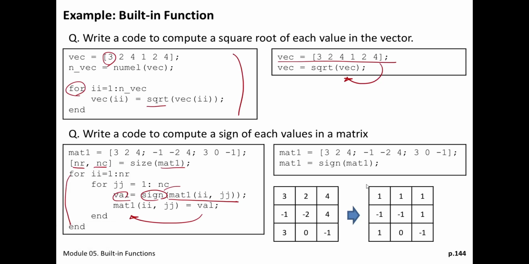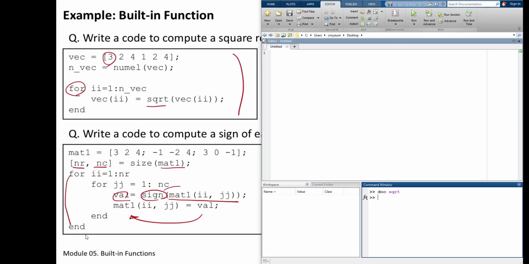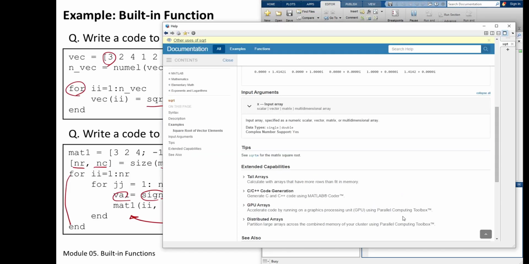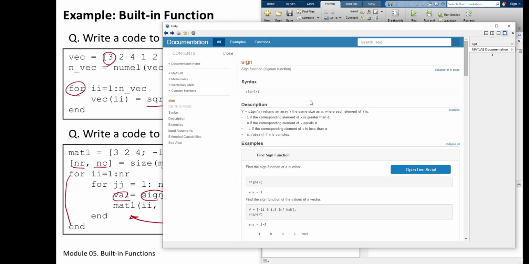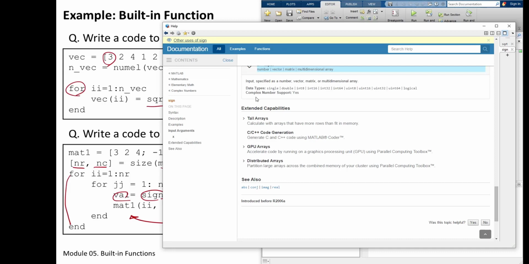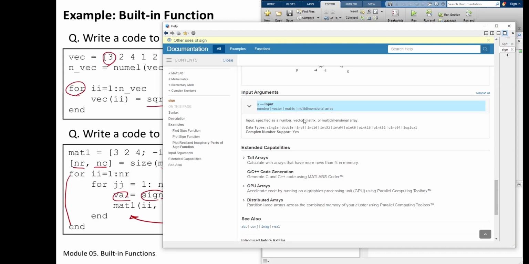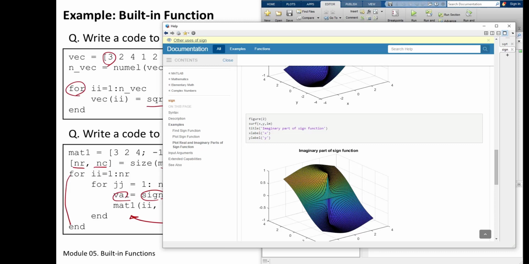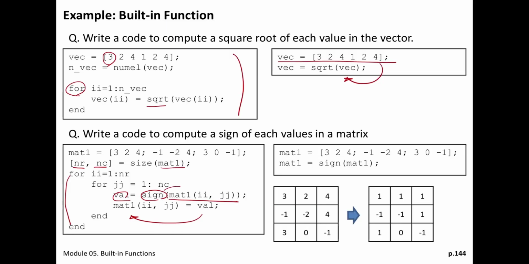But another way is, in MATLAB, doc sign. The sign built-in function supports vectors and matrices as an input. So if you directly put this matrix in the sign function, you will get the signs of each value.